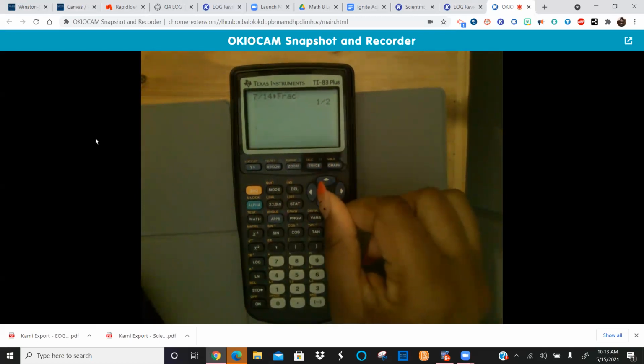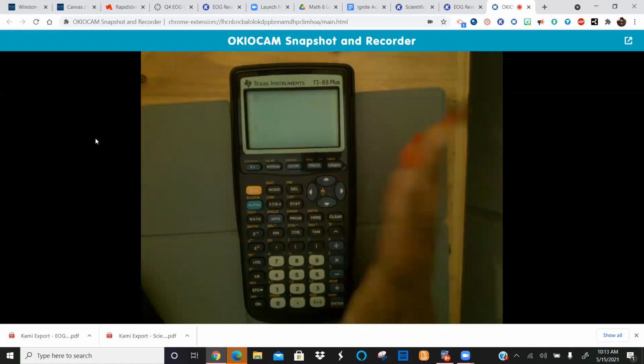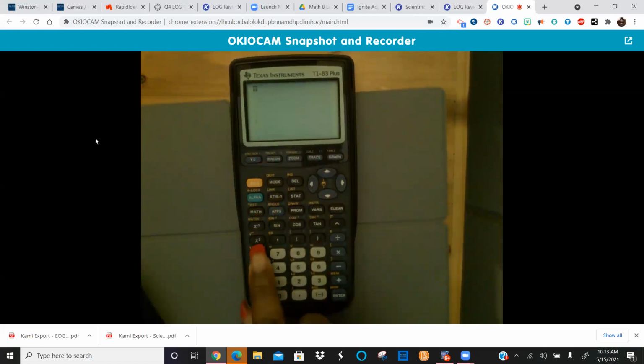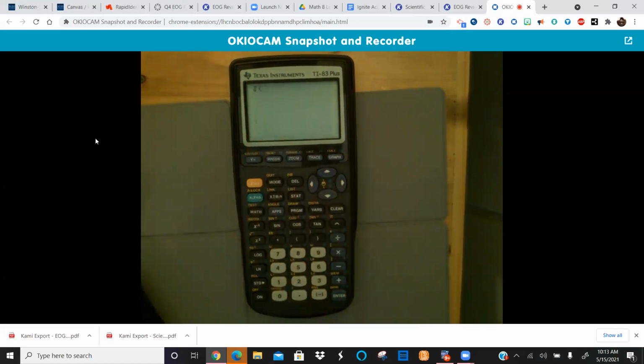So now, clear it out. Now we're doing square root, the square root of a number. So you got second, the x squared button, and that puts the square root symbol. If we're doing the square root of 25, we type in 25. That means what one number can be multiplied times itself to give you 25, the number under the radical.